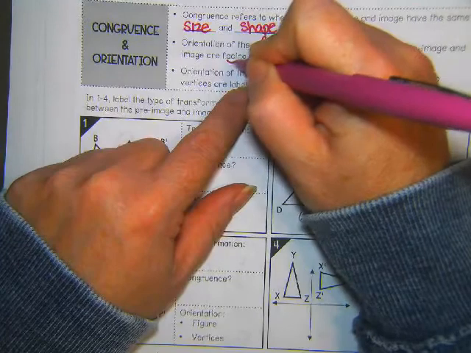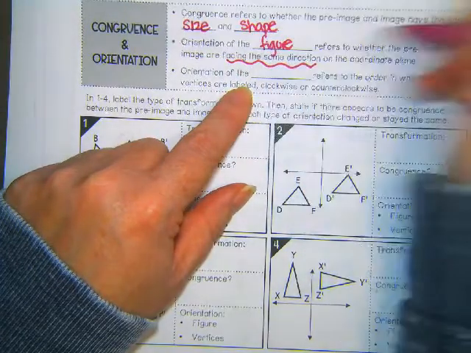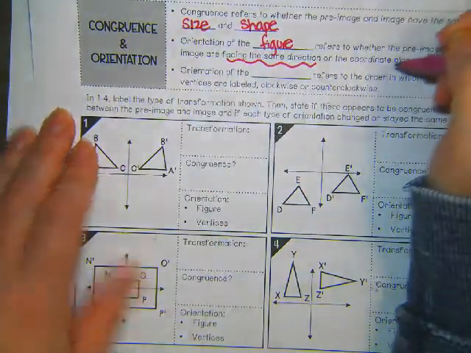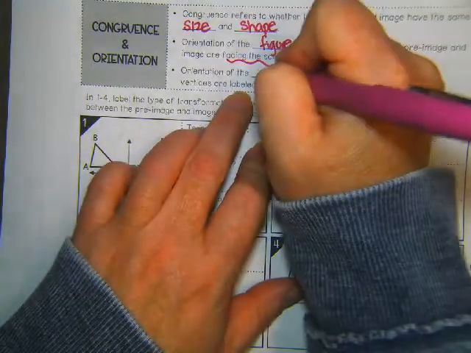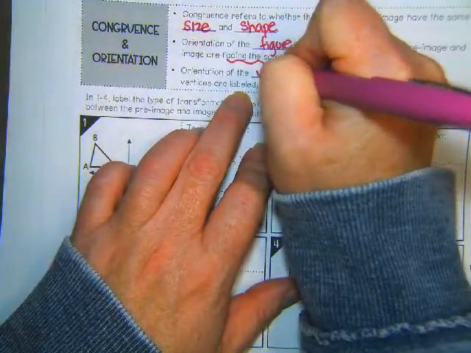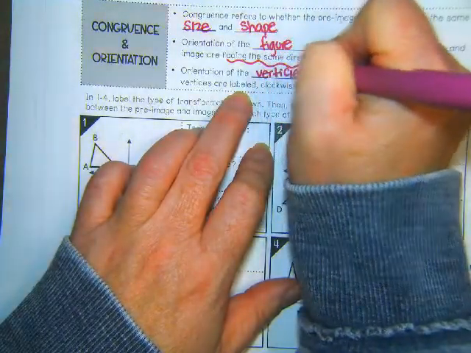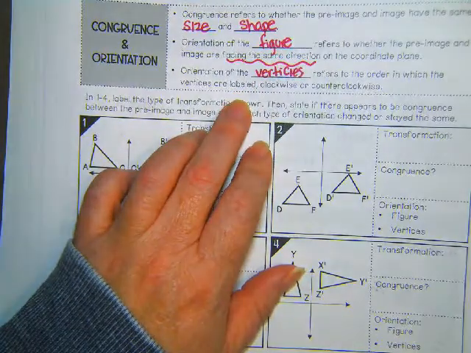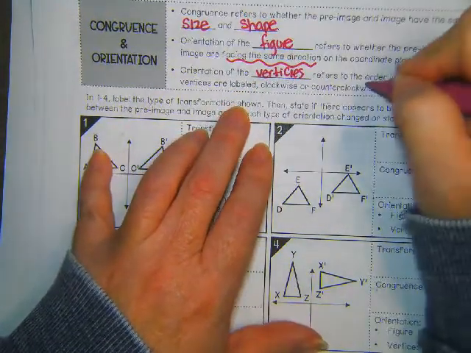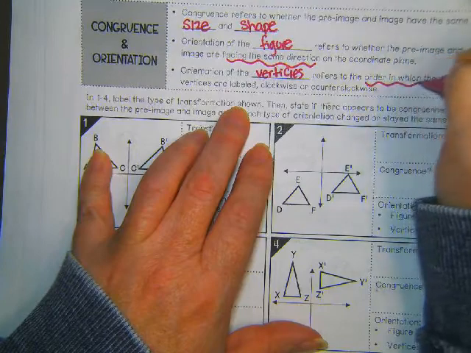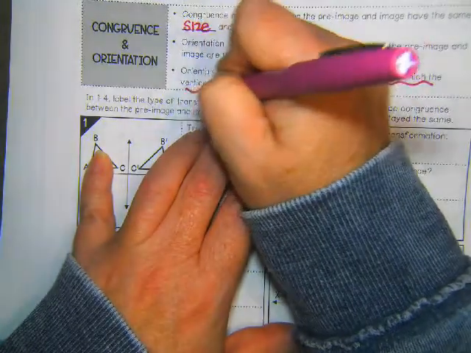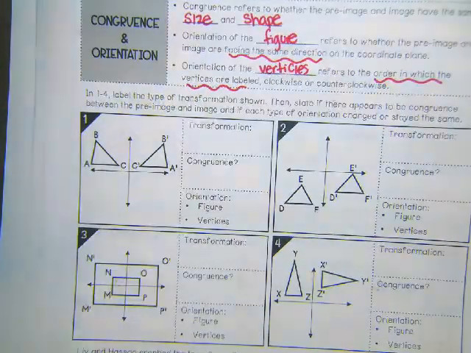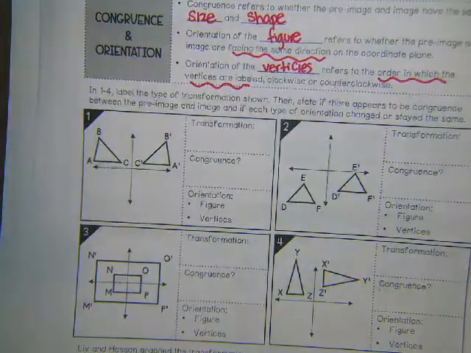So facing the same direction is important on the coordinate plane. The orientation of the vertices refers to the order in which the vertices are labeled. And they're either going to be going clockwise or counterclockwise.